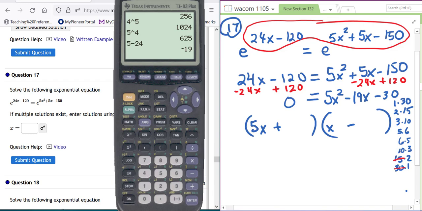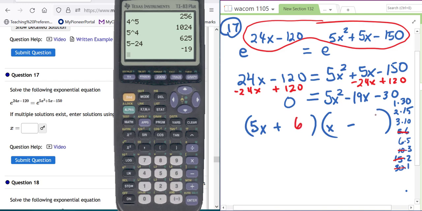So anything that would give me a common factor with a 5, I could toss. So a 6 and a 5. Maybe this one.